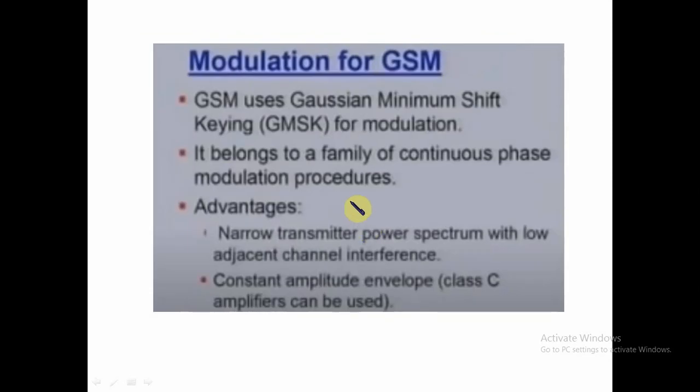This is the modulation of GSM. Previously we have seen and discussed GMSK and other standard modulation techniques.